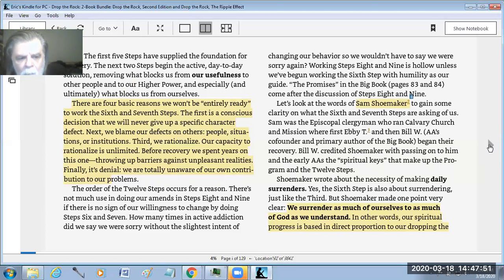Finally, it's denial. We are totally unaware of our own contribution to our problems. Right, and so therein lies the attraction to obsessiveness, and the attraction also to burying any awareness of the truth about my own responsibility for what has happened in my life.